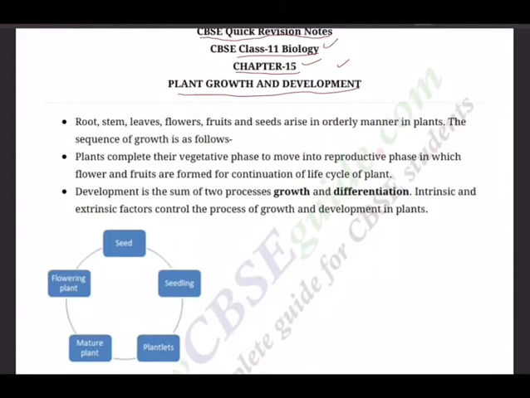So root, stem, leaves, flowers, fruits and seeds arise in an orderly manner in plants. The sequence of growth is as follows. Plants complete their vegetative phase to move into the reproductive phase, in which flowers and fruits are formed for continuation of the life cycle of a plant.